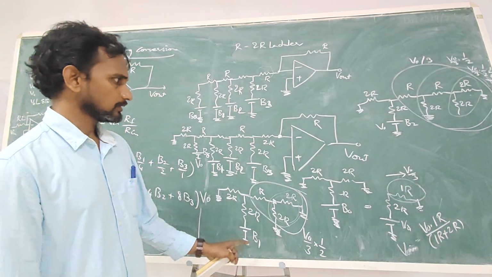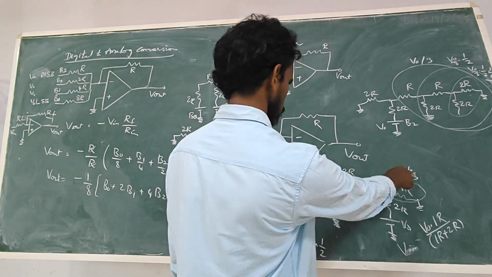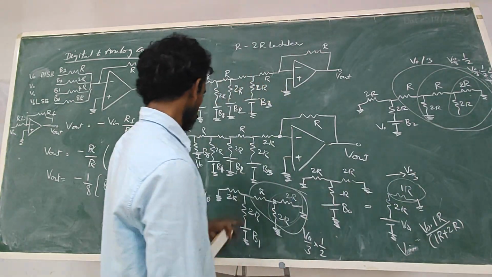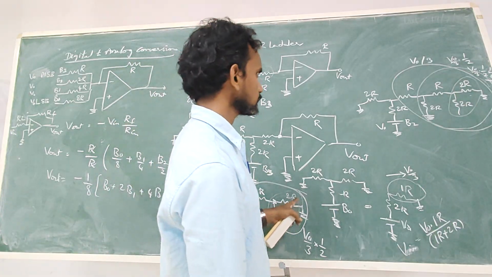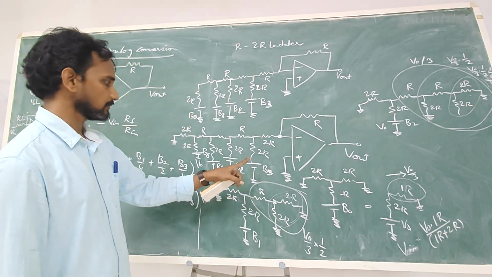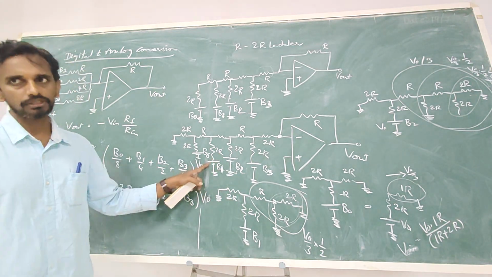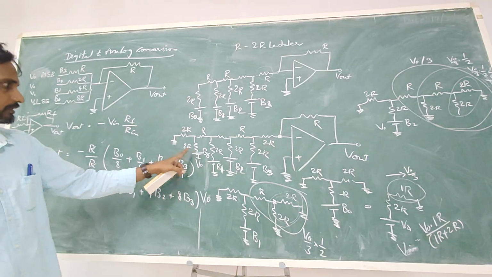So if you have only B3, it is V0 by 3. For B2, weight factor is 1 by 2, half of whatever value at B3. For B1, it is 1/4 of the value at B3. And for B0, it is 1/8.